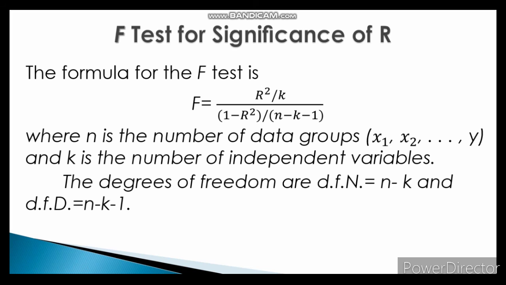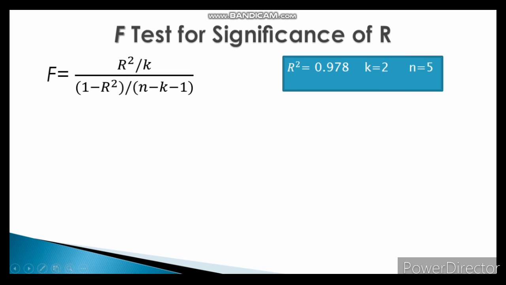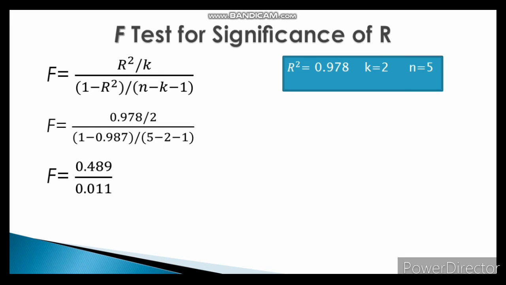The degrees of freedom are DFN, which is degrees of freedom numerator, is equal to N minus K, and DFD, which is degrees of freedom denominator, is equal to N minus K minus 1. So now, i-substitute lang natin ulit yung mga value ng R square, K, at N sa formula. At ang F natin is equal to 44.45.